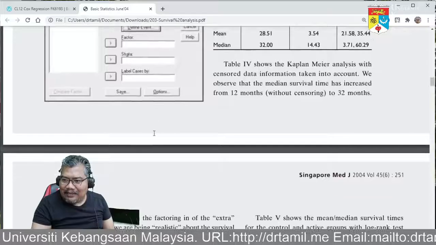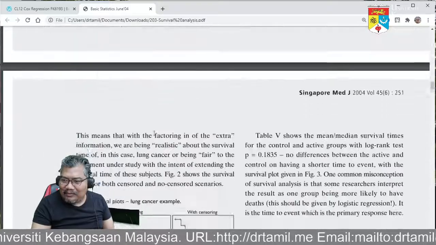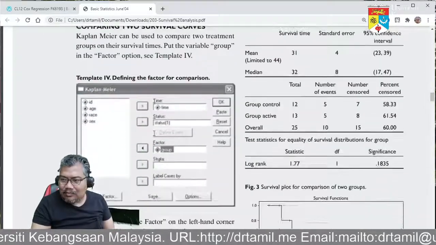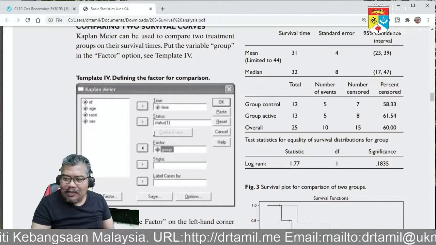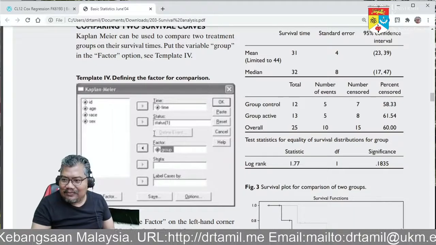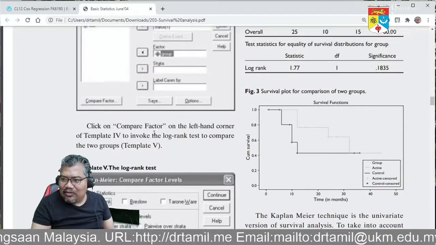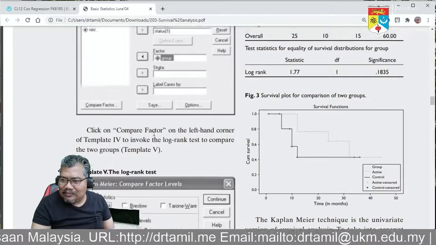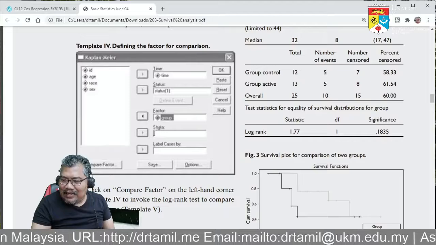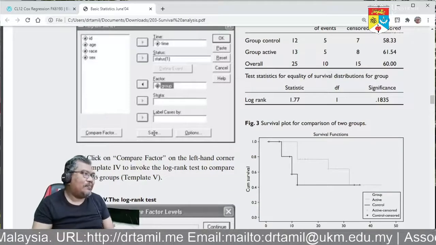But the next part, when he talked about comparing, he did not share this data set. But he does explain how to do comparison.